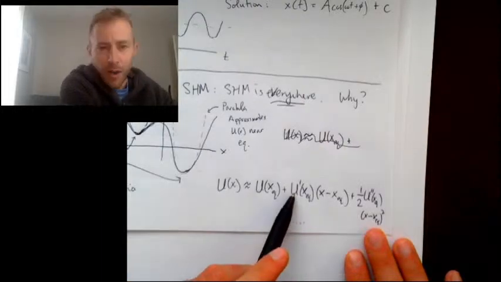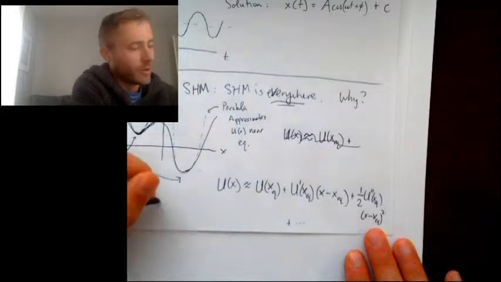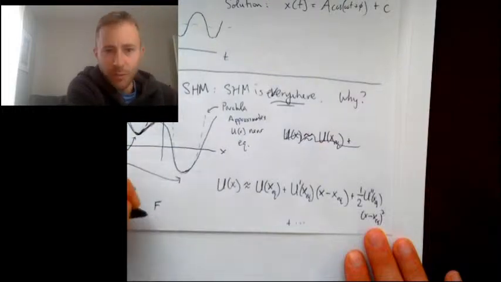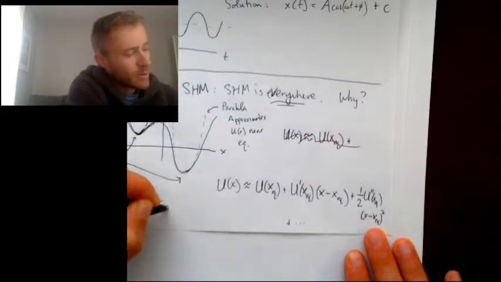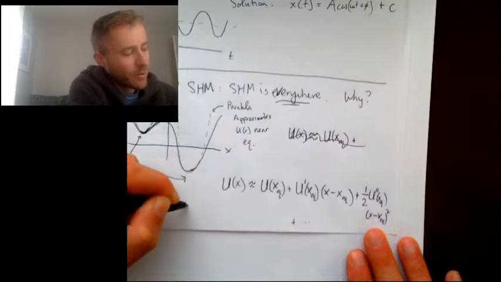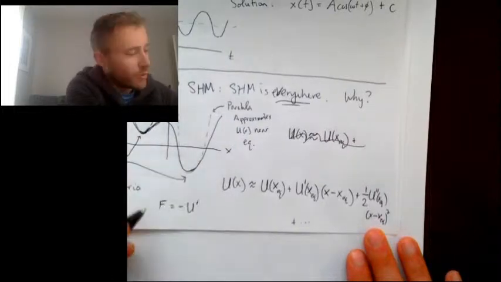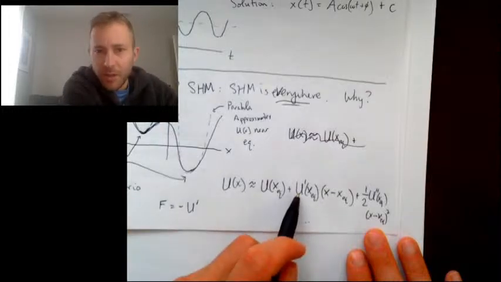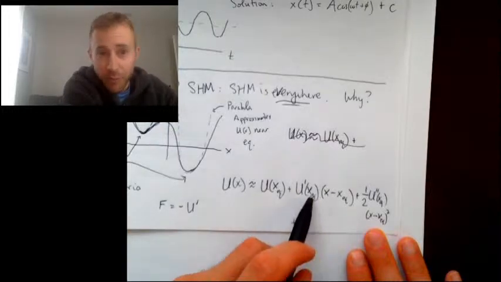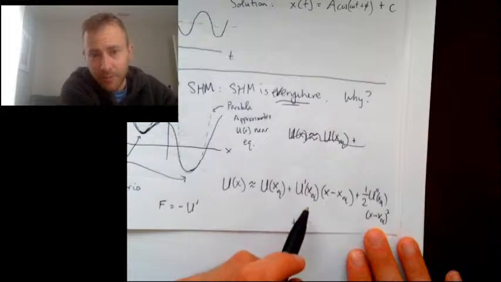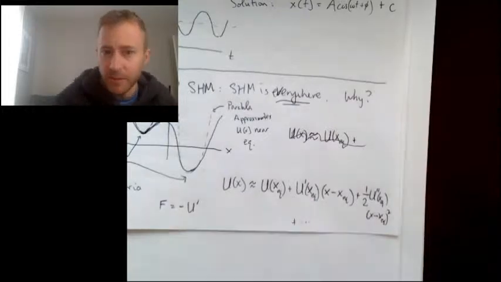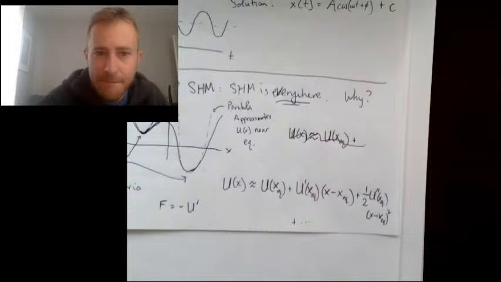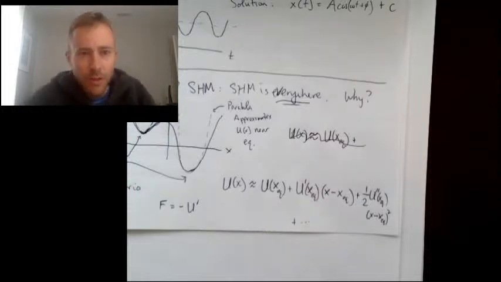U prime, remember we learned that force is equal to negative the derivative of the potential energy. So the force is minus u prime. What is u prime going to be equal to at the equilibrium? So what is the force equal to at an equilibrium point? Type it into the chat if you know.